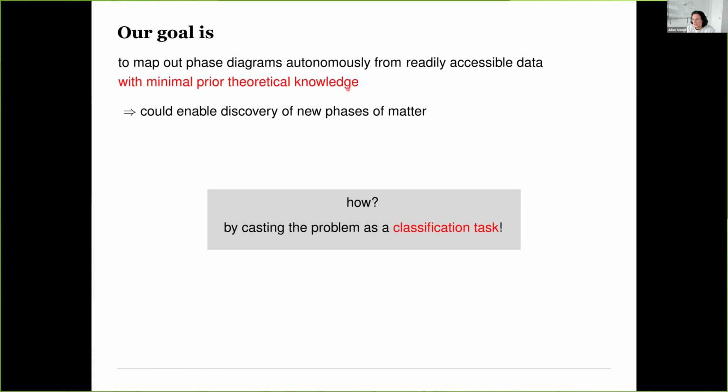If we had such a generic tool, we could use it to identify unexplored phase transitions and potentially discover new phases of matter. In this talk, I'm going to show you how we can do this by casting the problem of mapping out a phase diagram of a system as a classification task. Afterwards, we're going to solve this classification task using tools from machine learning.